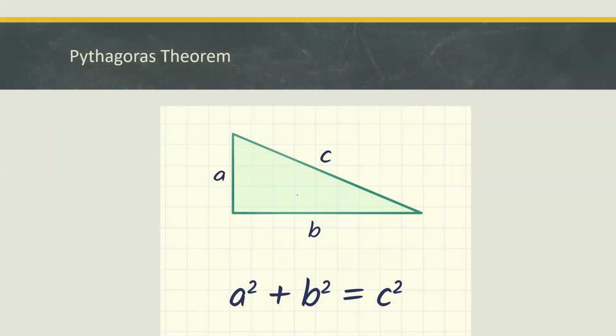Next up, we have the Pythagoras Theorem, which is very easy and we're familiar with it. The Pythagoras Theorem simply states that for any right-angled triangle, the sum of the squares of the two shorter lengths is going to equal the square of the hypotenuse.